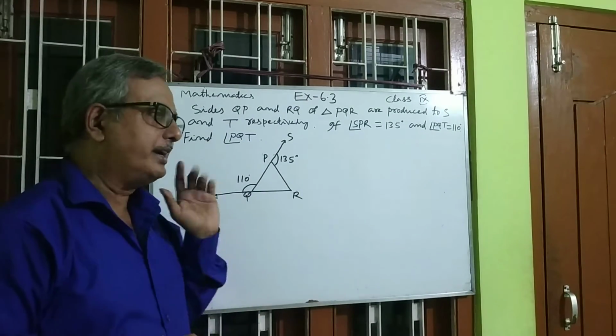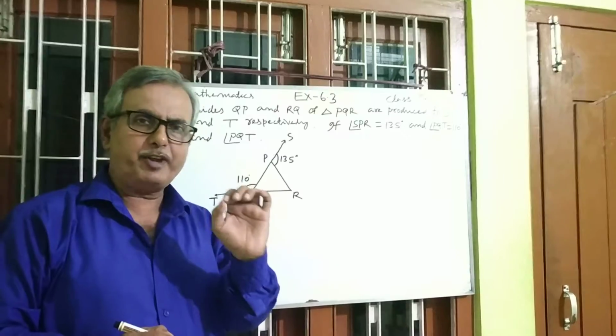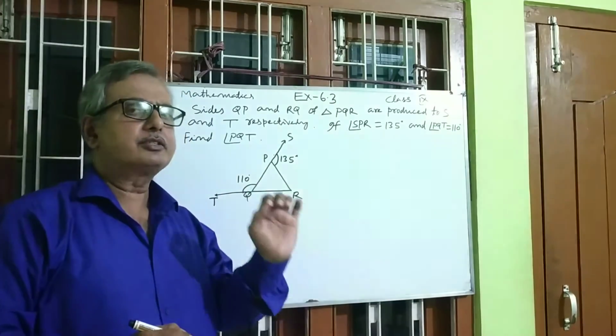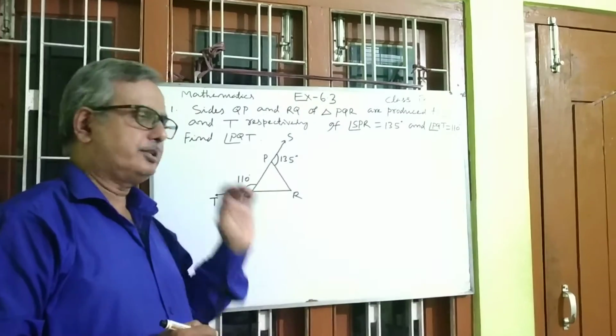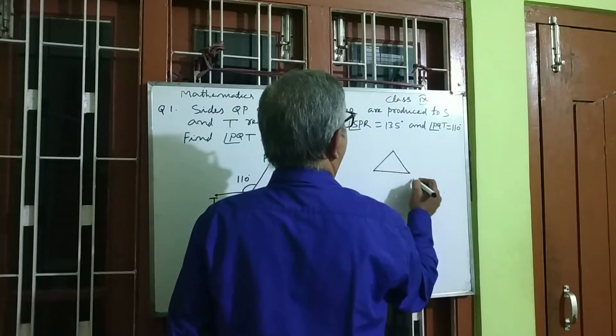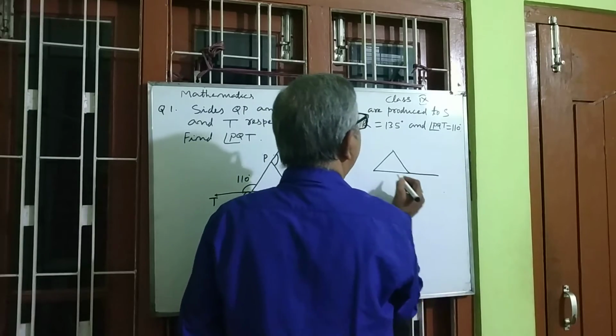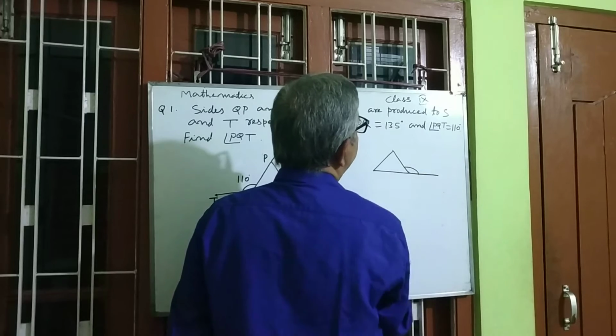You should know, what is the exterior angle theorem? The exterior angle of a triangle is the sum of the two remote interior angles. When you produce one side of a triangle, you get an exterior angle.